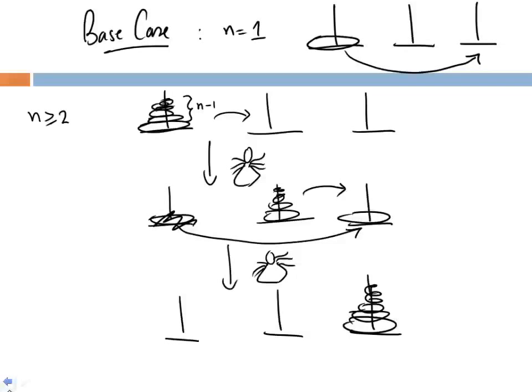It turns out that this technique of recursion can be used to solve real problems in computer science, not just puzzles. So for example, let's say that you want to sort a list of n numbers. You're given n numbers in an array and you want to arrange them in ascending order.